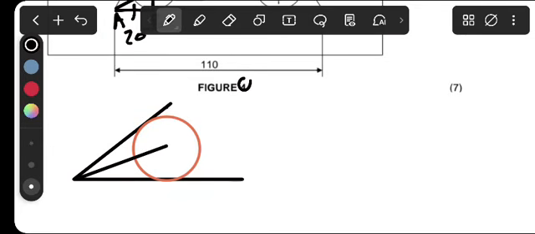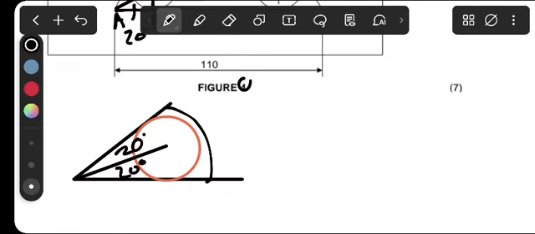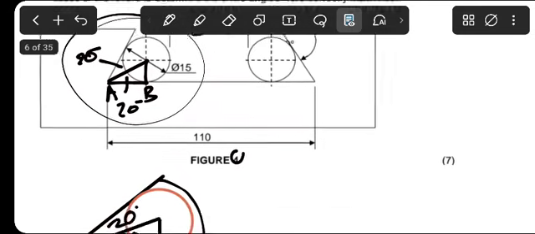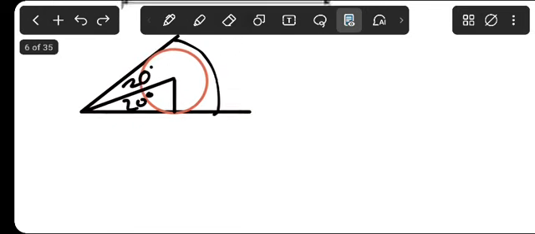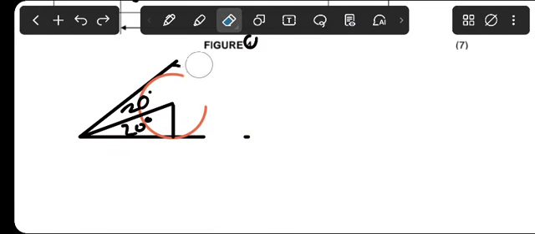If this whole angle is 60, this will be 30, but now it is 40, so here we'll have 20 degrees, 20 degrees. Then here I will draw a triangle. Remember, I'm focusing on that part.